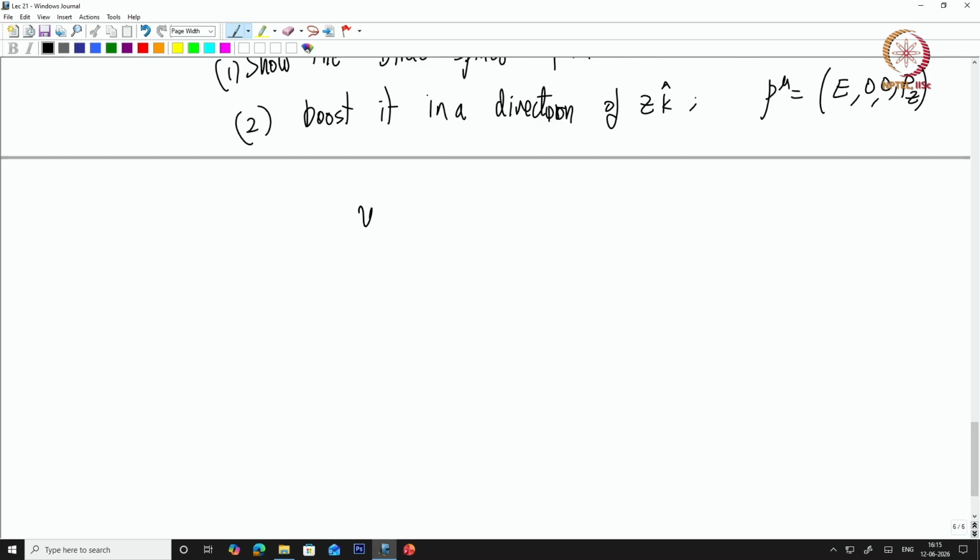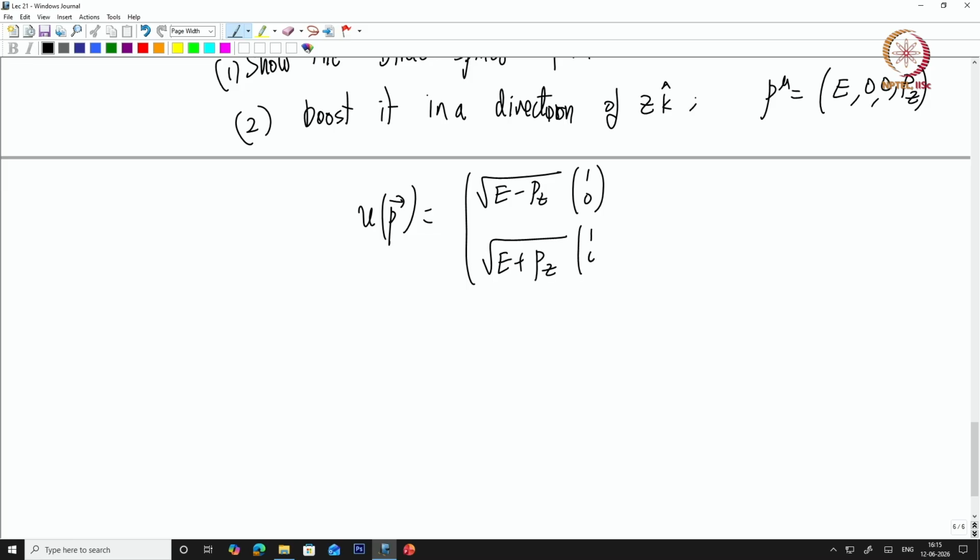up having something like u of p would be, we can see, root of E minus P z times (1, 0), root of E plus P z times (1, 0).